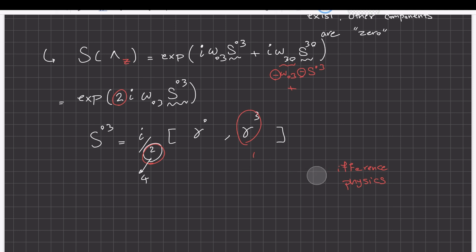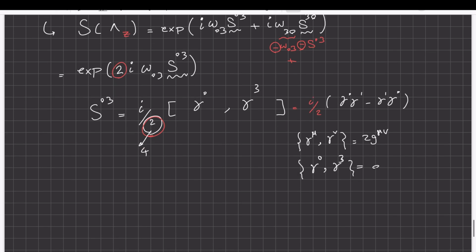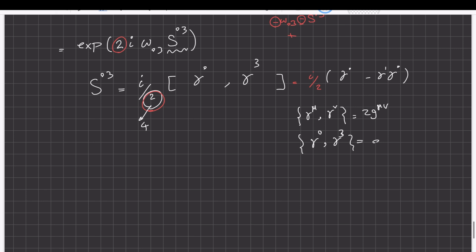Now, let me write it down. So now what is this S03? It is equal to i over 2 gamma 0, gamma 1, and gamma 1, gamma 0. Sorry, it's actually 3. The anti-commutation of these gamma matrices gives 2 times the metric, so 0 with any other component has an anti-commutation relationship of 0.